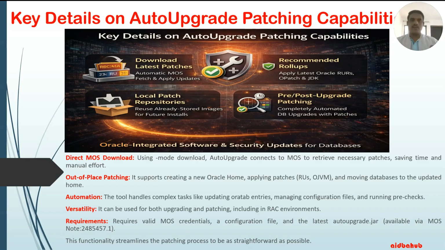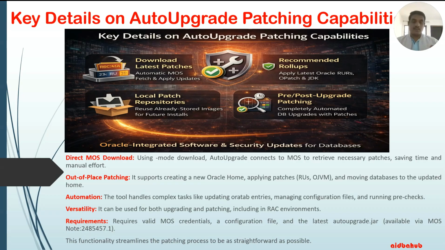And the key details on Auto Upgrade patching capabilities. Direct MOS download using -mode download: Auto Upgrade connects to MOS to retrieve necessary patches, saving time and manual effort. Out-of-place patching: it supports creating a new Oracle home, applying patches, RUs, and OJVMs, and moving databases to the updated home. Automation: the tool handles complex tasks like updating oratab entries, managing configuration files, and running pre-checks.